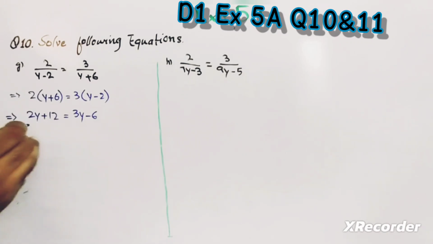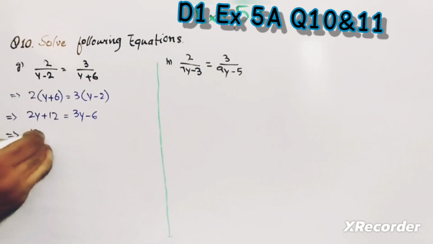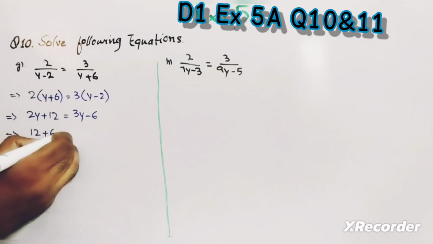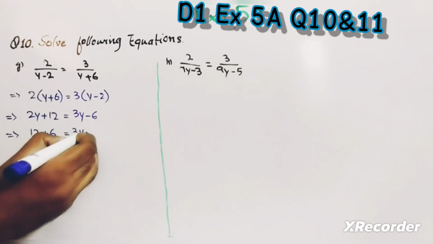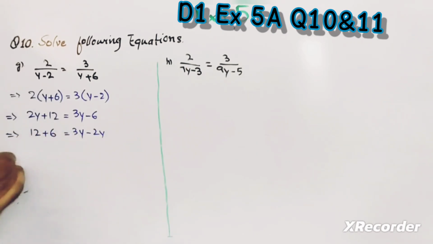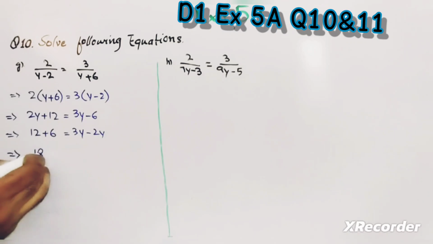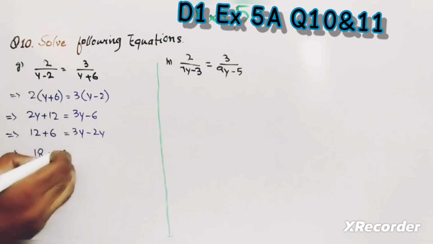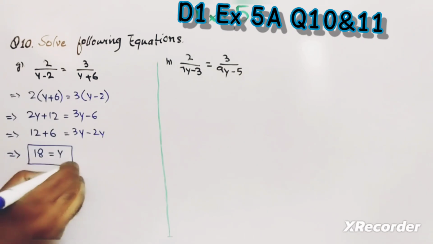Now by rearranging, what we get, 12 plus 6 is equal to 3y minus 2y. 12 plus 6 is 18, 3y less 2y is 1y or only y, and that is our required answer.